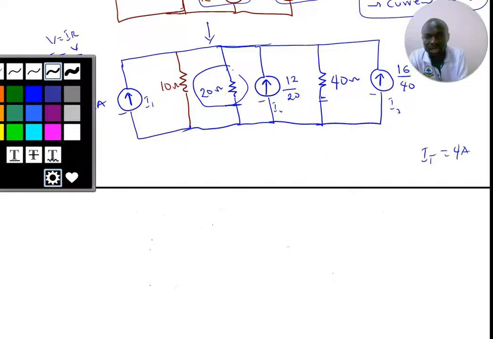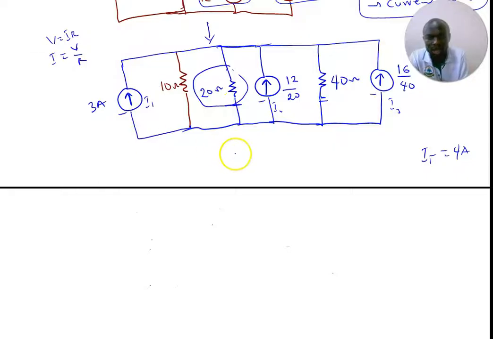Let me change the marker. So these two resistors, this one and this resistor, they are in parallel connection because there is no resistor that is cutting across them. All this path, there is no resistor here. So the two of them are in parallel connection. So there are 20 ohms and 40 ohms.